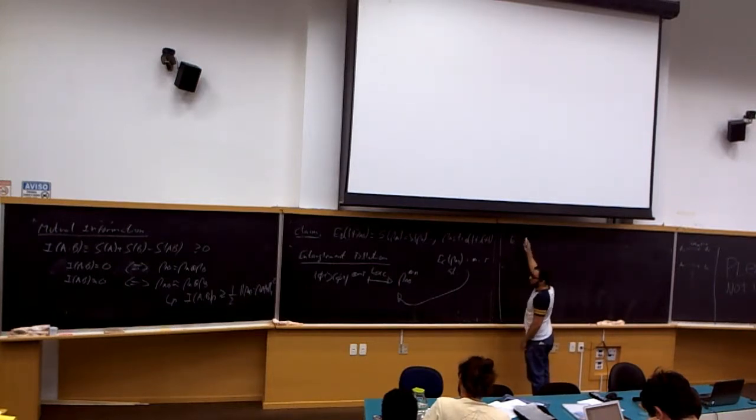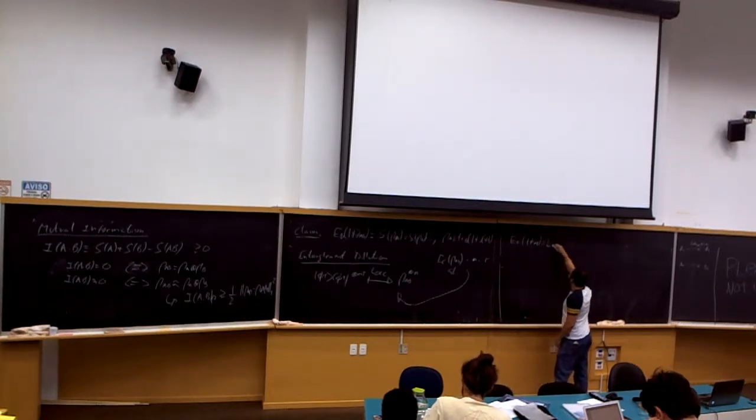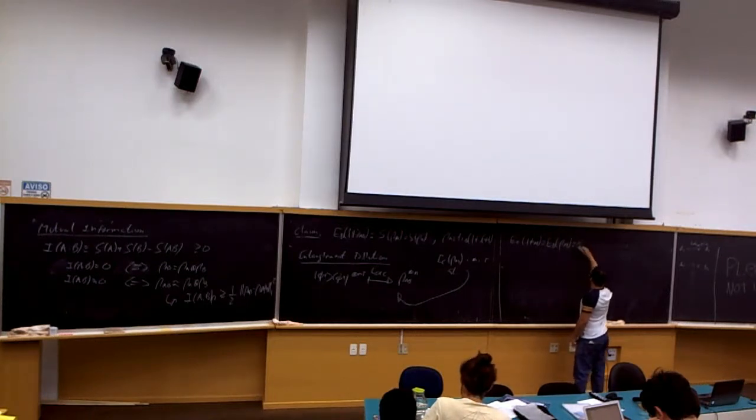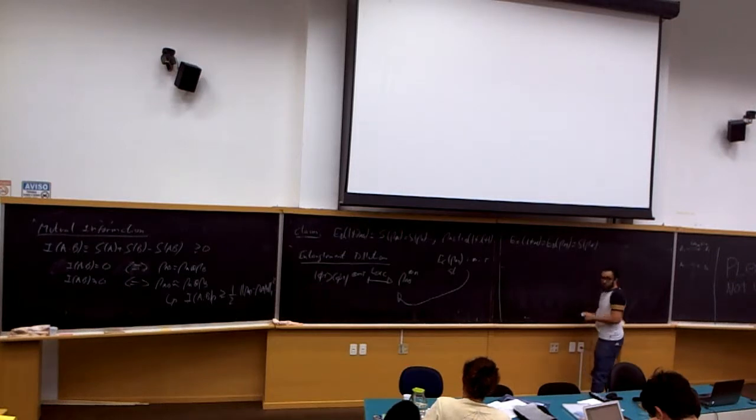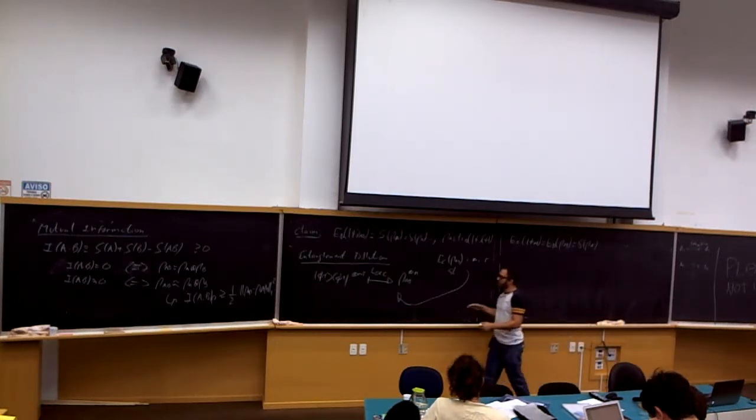We already know the distillable entanglement is equal to the von Neumann entropy, but actually the entanglement cost as well is the same thing. So the two are the same, and they are equal to the entropy of rho A.